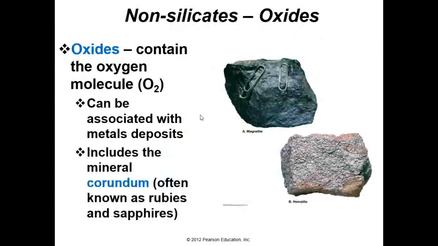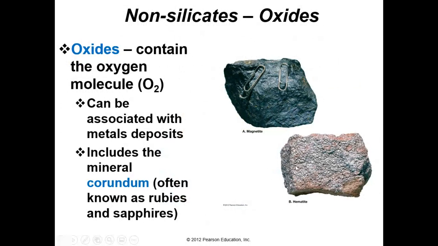Okay, oxides, they contain the O2 molecule. So these tend to be the minerals that also contain metal deposits, which is kind of interesting. So oxides are often the minerals that will attract a magnet if you hold it over it, such as magnetite here.